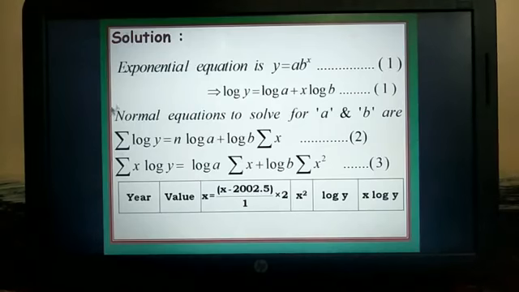Fine. So what are the required aspects from these two equations? We are keeping them calculated. Look at this equation first. Log y we need. Y means the given values. That log y we want, so log y has been written here. And then n is the given number of observations. We know how many observations there are in this particular example: 6. Then log a: once a is a constant, log a will be a constant.